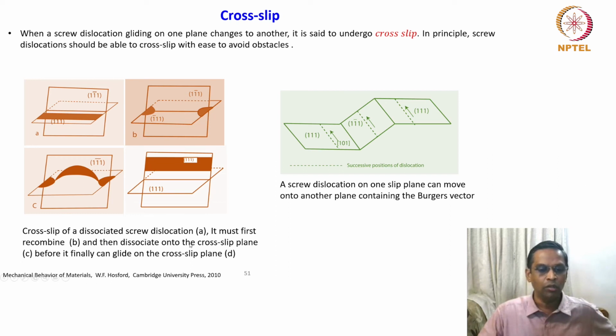Then it dissociates into the cross slip plane, like this, and cross slips, and then finally dissociates again before it can glide onto the cross slip plane. So again: recombine, cross slip, dissociate, and then glide.